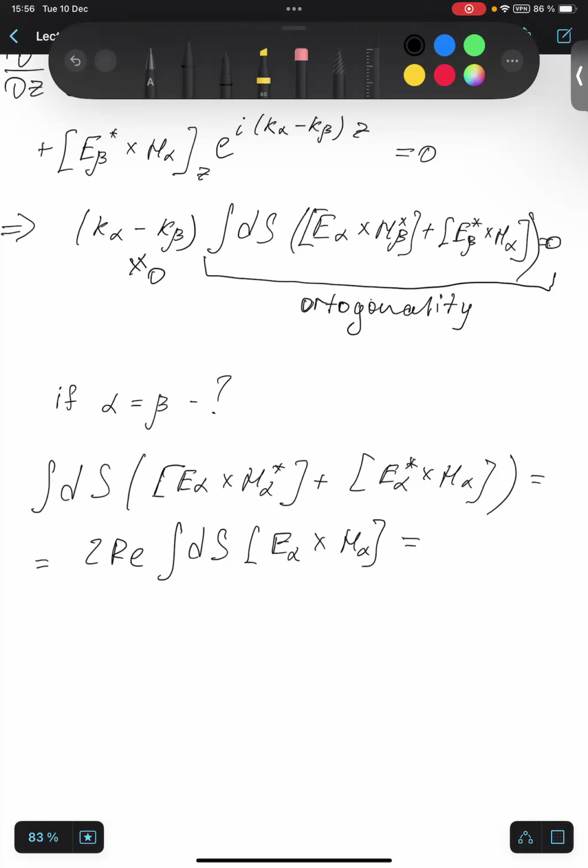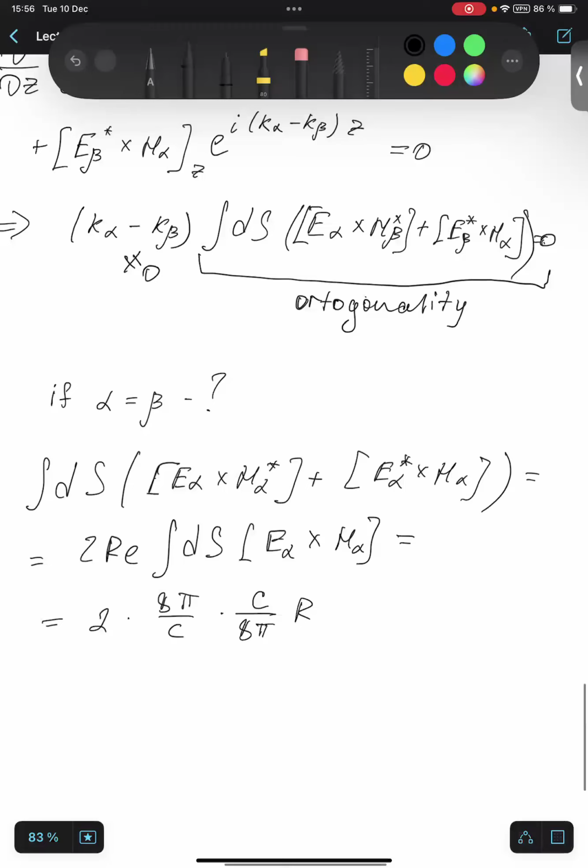And if we rewrite it a little bit as 2, 4 pi over c multiplied by c, or 8 pi, sorry, pi. And here the real part of integral ds E alpha H alpha.